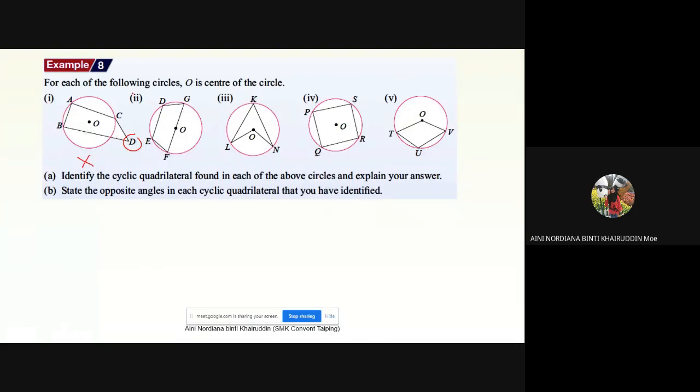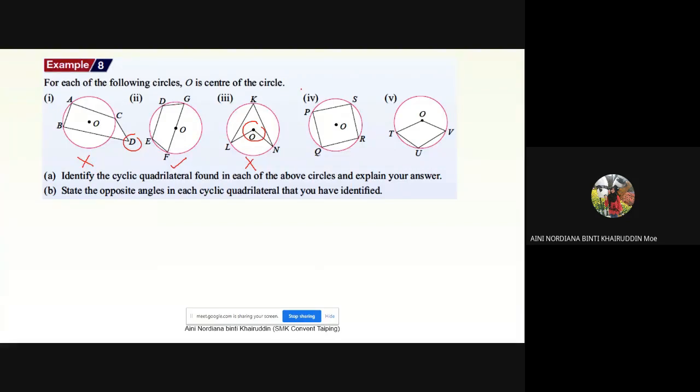For diagram 2, all four vertices lie on the circumference. So yes, this is cyclic quadrilateral. For diagram 3, as you can see, there is one vertex not lying on the circumference. It lies on the center. So this is not a cyclic quadrilateral. Remember, cyclic quadrilateral, all the four vertices must lie on the circumference.